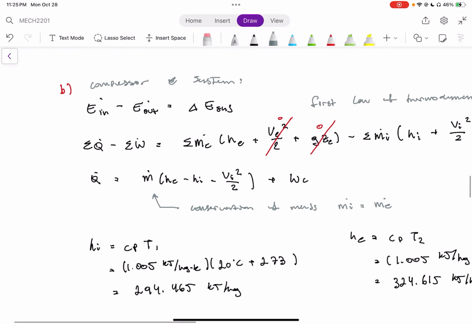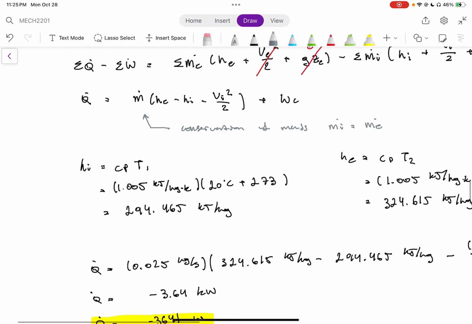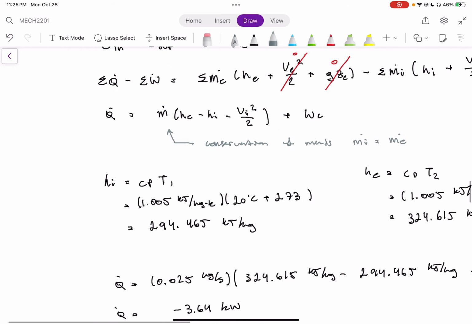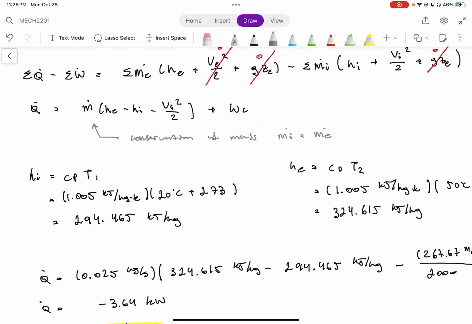We combine both masses because at the compressor, Mi equals Me, that was one of the assumptions made. Now we need to find Hi and He, which we use these formulas labeled in the equation that we're given. So Cp at T1 and Cp at T2, and then we get these corresponding values.